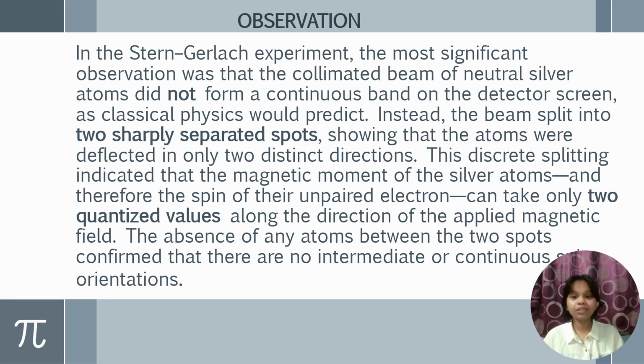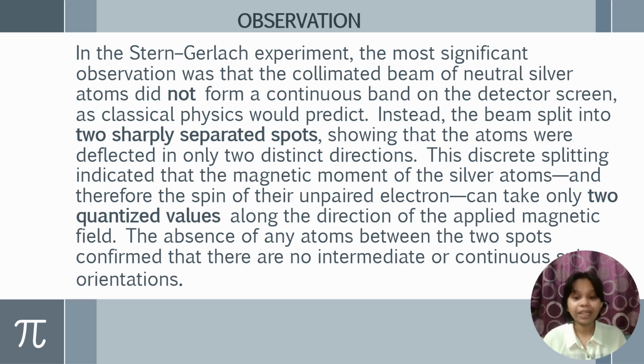Instead, the beam split into two separate spots, showing that the atoms were deflected in only two distinct directions. This discrete splitting indicated that the magnetic moment of the silver atoms, and therefore the spin of their unpaired electron, can take only two distinct quantized values.